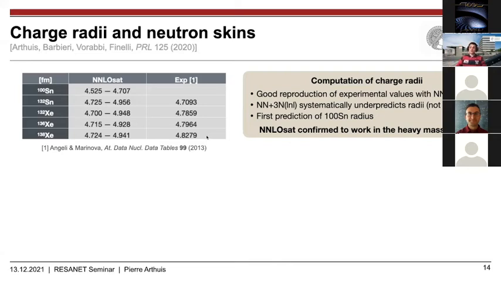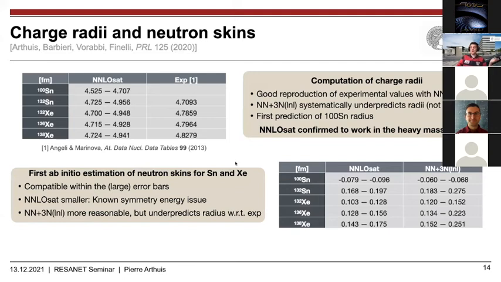And this is a pretty nice table because it really shows that end-to-end SAT is a meaningful Hamiltonian for use in the heavy mass regime, or let's say what in ab initio we consider to be the heavy mass regime, which is around the tin isotopic line. So that's really good news. So another thing we looked at then, since we had the radii, were the neutron skins.